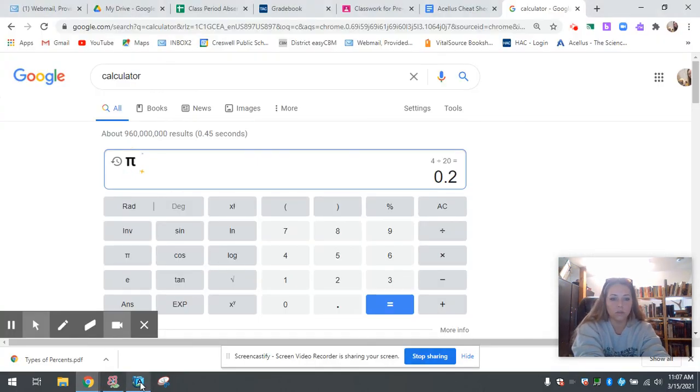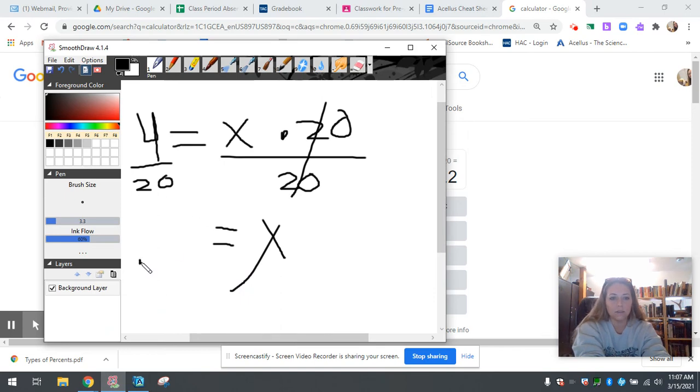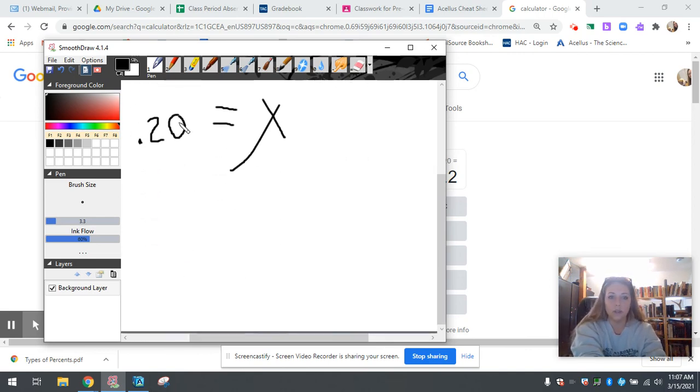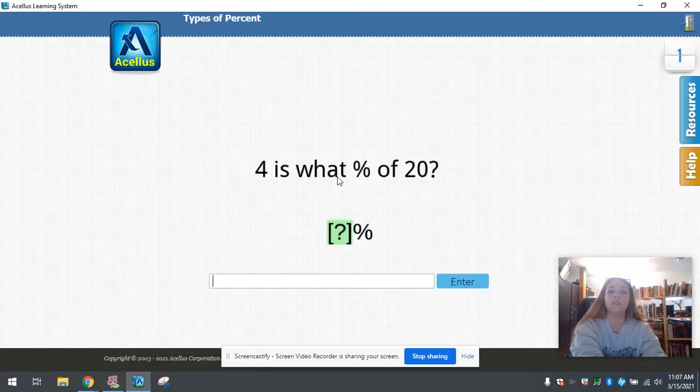But that 2 is in the tenths place. We're dealing with percents here. We want something out of 100. I'm going to plop a 0 here. Now I have 20 hundredths. Clever. Now, to write 0.20 as a percentage, that 0.20 is in the hundredths place. Percents are out of 100. So we've got 20%. 4 is 20% of 20.